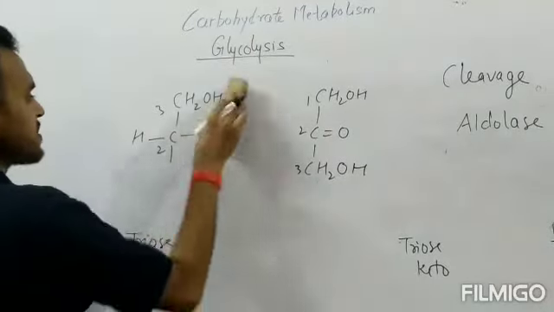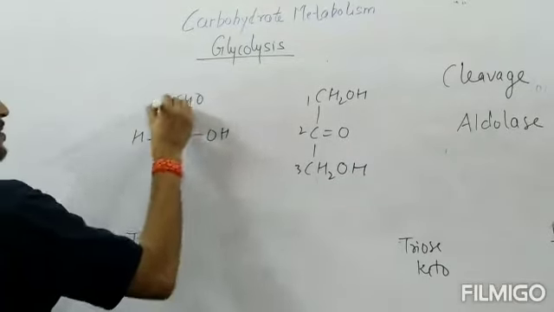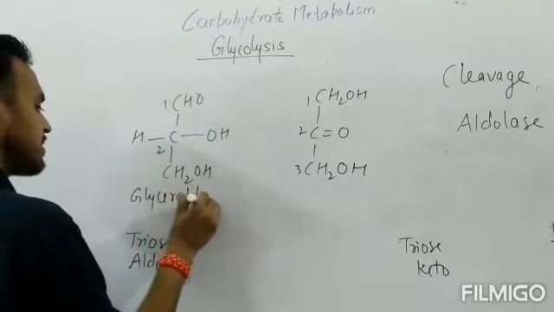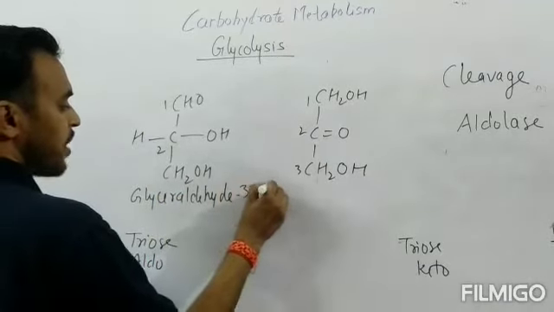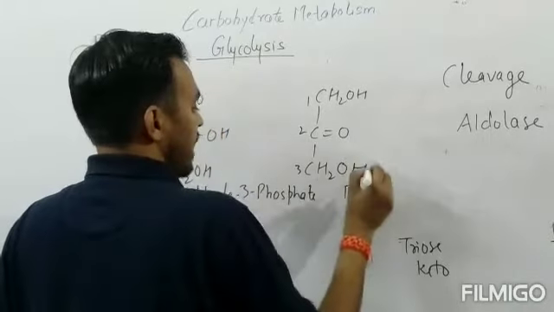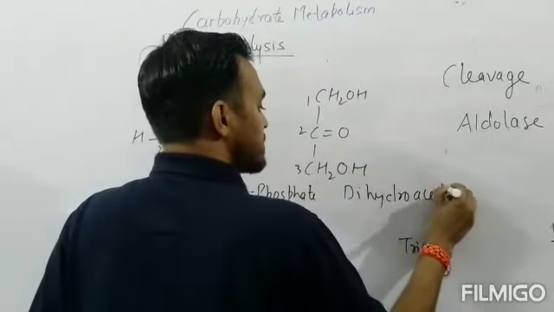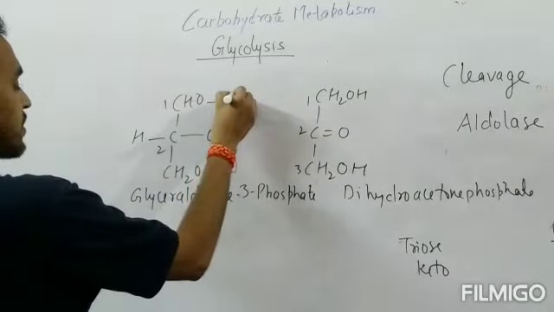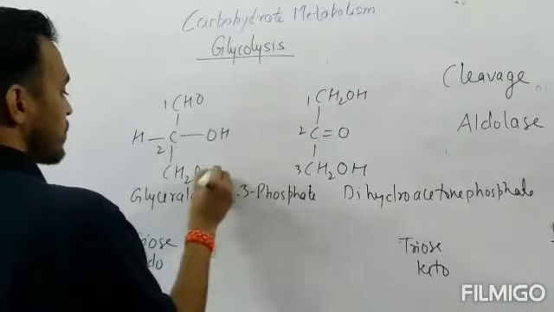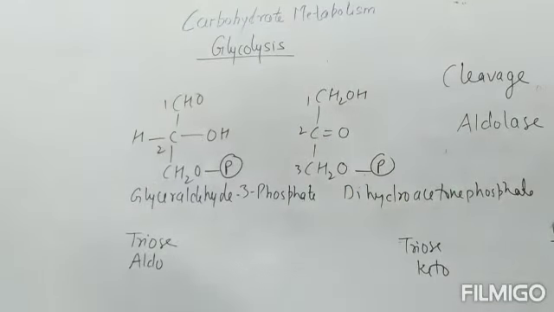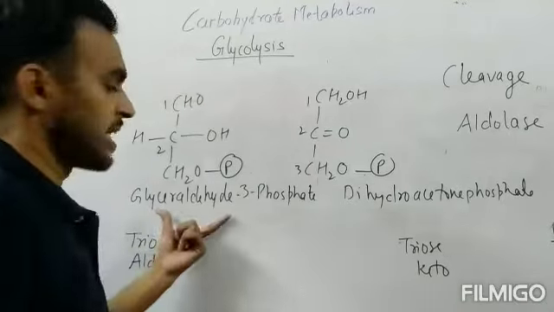You can also change the carbon number positions like this. This is glyceraldehyde 3-phosphate, and this is the ketone sugar dihydroxyacetone phosphate, but when it has the phosphate group on this carbon atom, this is glyceraldehyde 3-phosphate.